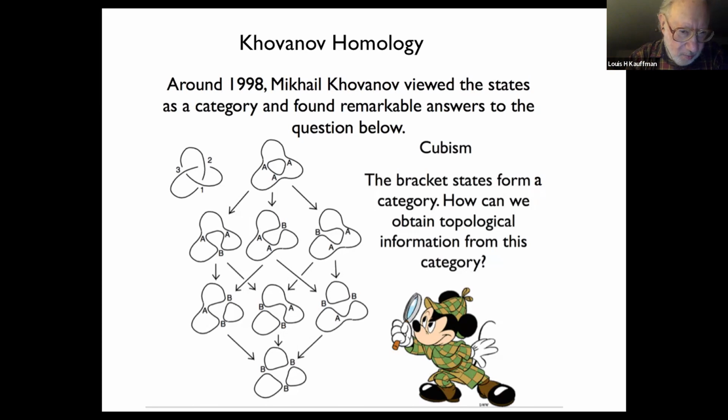Take the direct sum of all the horizontal things: the direct sum of all the ones with a single B, the ones with 2 B's, the ones with 3 B's, and so on. And take an alternating sum of the arrows that go from the 0 thing to the 1 thing, from the 1 thing to the 2 thing, and from the 2 thing to the 3 thing. And you get a chain complex if you're lucky. So that's what he did, and figured out how to make a chain complex that would work here and take its homology. And that's the Khovanov homology. Now, a little more detail.